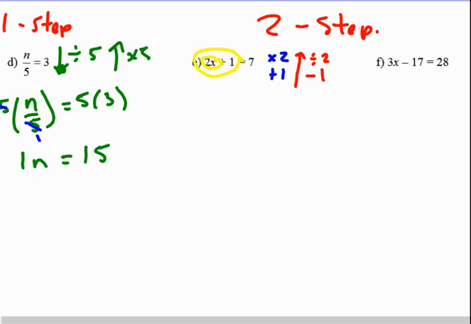All right, so 2x plus 1 equals 7. And we can put in those minus 1s right there. So we have 2x, and these cancel each other.